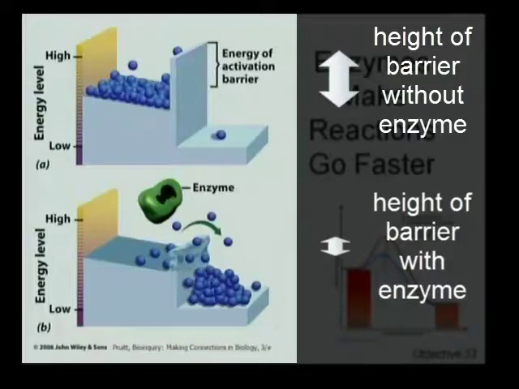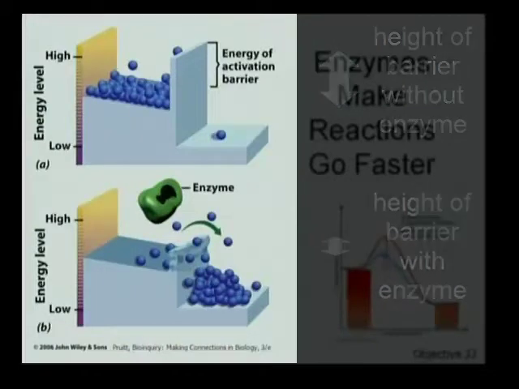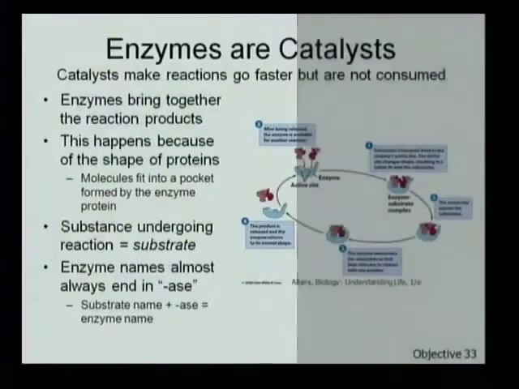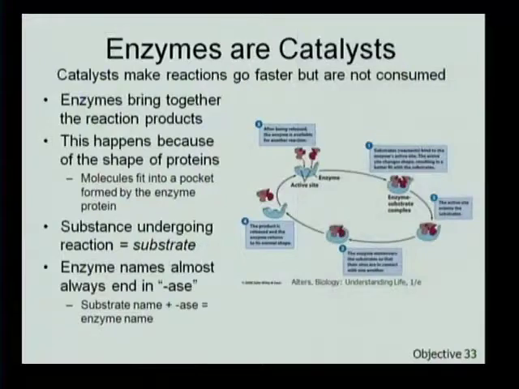Enzymes are there to reduce the size of the barrier, and that's all that they can do. They can't change where the balls are in the left-hand bucket. They can't change where the balls are in the right-hand bucket. All they can do is change the size of this activation energy barrier. For that reason, we call enzymes catalysts.